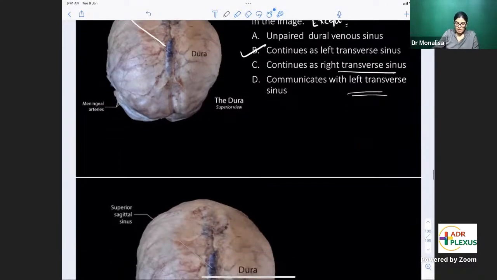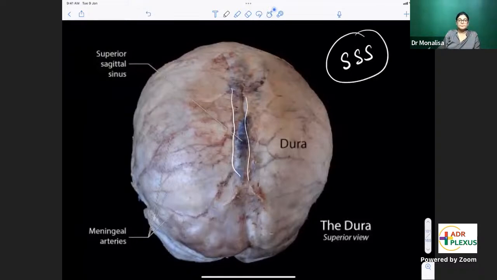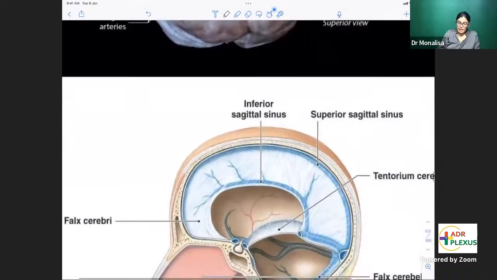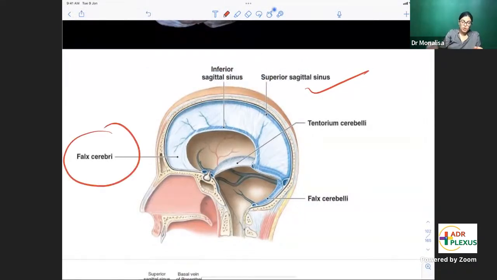Yes, dear. So B is the wrong option. Absolutely correct. Yes. So now let me first show you this image where you can appreciate that this is the sinus, that is superior sagittal sinus. Okay. Now what you can see here, this superior sagittal sinus is running in the attached border of the falx cerebri, upper border, attached border.